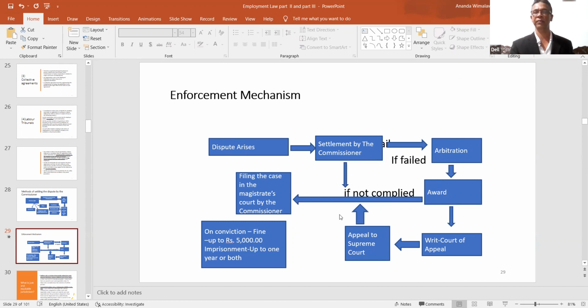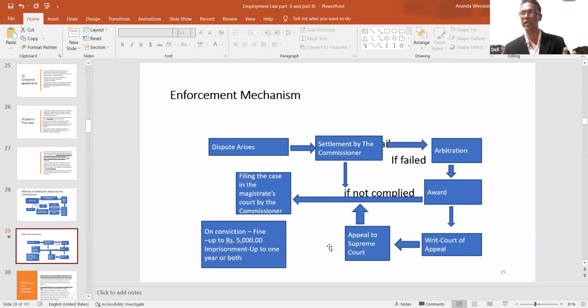On conviction, the employer can be fined up to 5,000 rupees and 1 year imprisonment, or both. On the other side, against the arbitration award, if either the employer or the worker is unsatisfied, the unsatisfied party can go for a writ application to the Court of Appeal, and then appeal to the Supreme Court.